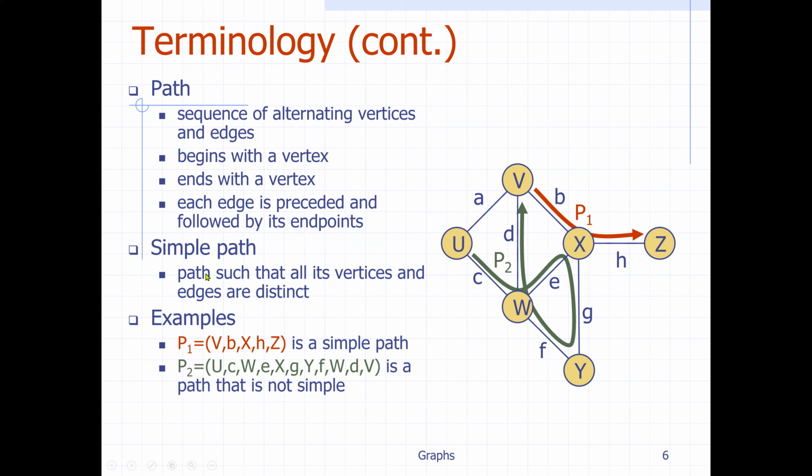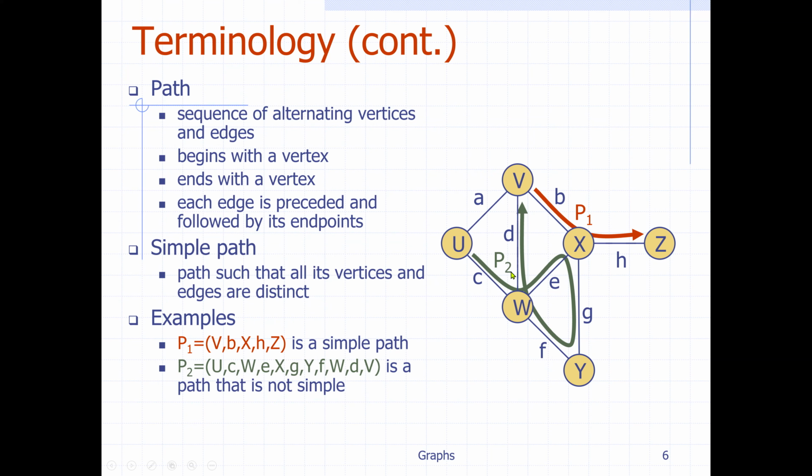A simple path is a path such that all its vertices and edges are distinct. So the example we showed, V, B, X, H, Z, is a simple path because all the vertices and edges are distinct.